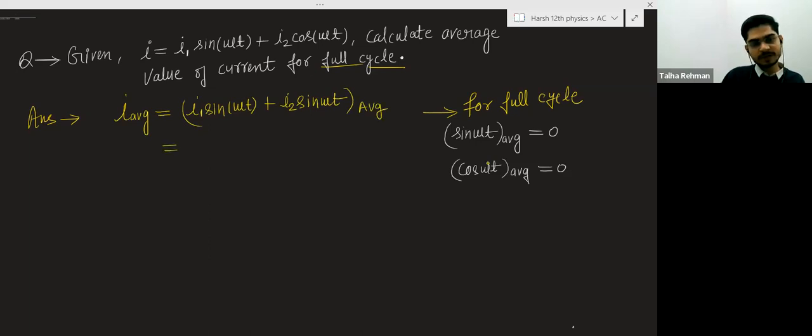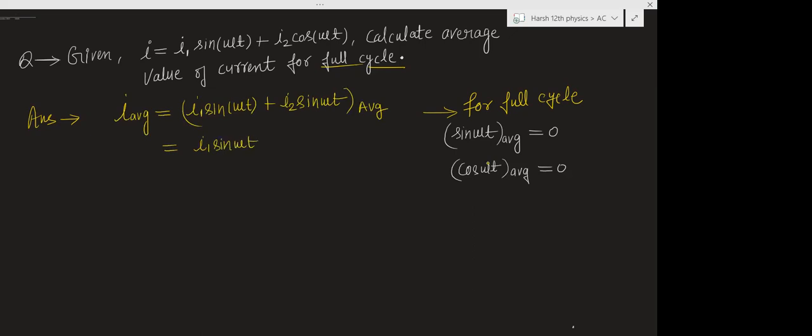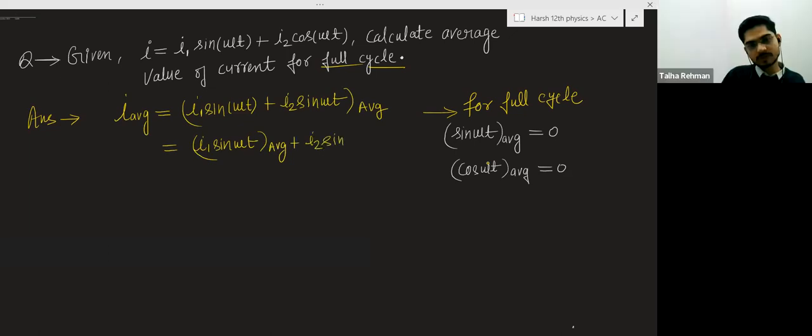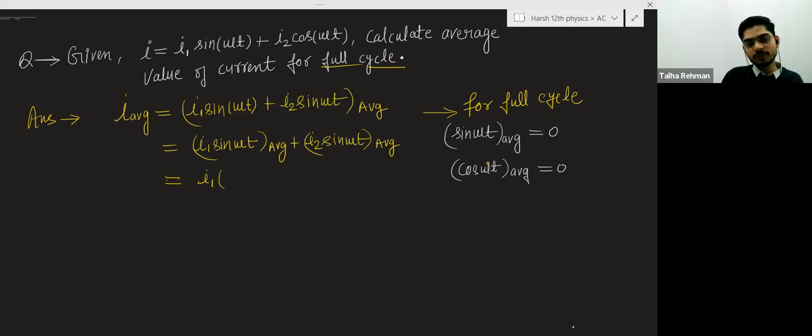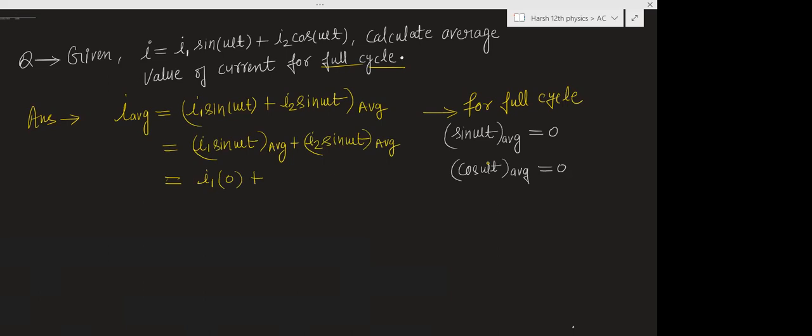So we can write this as the average of I1 sine omega t plus the average of I2 sine 2 omega t. I1 is a constant, so no problem. What is the average value of sine omega t for the full cycle? 0. Plus I2 times 0.